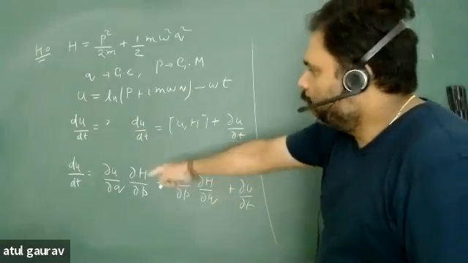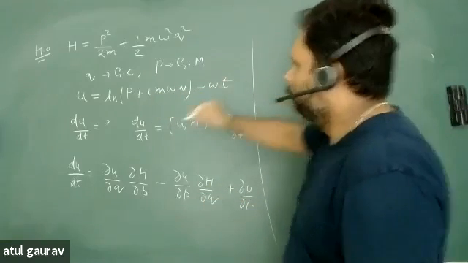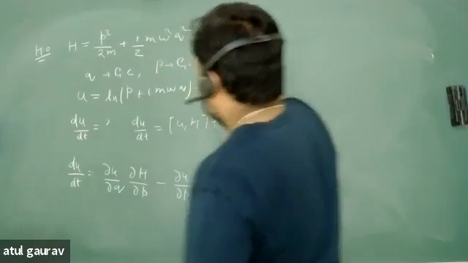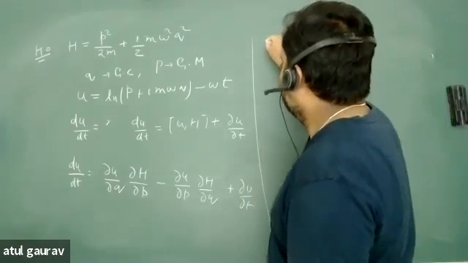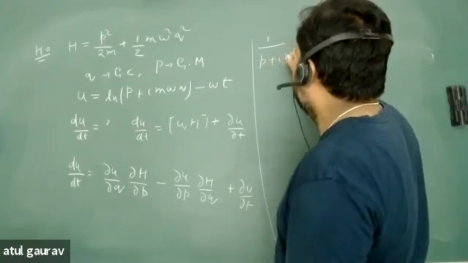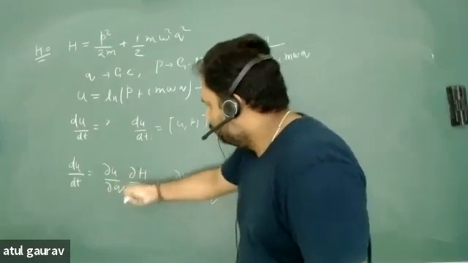So ∂u/∂q. Look at this, it is very important. What you have, let us write it as small p, because tomorrow we have bigger P. So we have 1/(p + i m ω q), and we differentiate with respect to q.